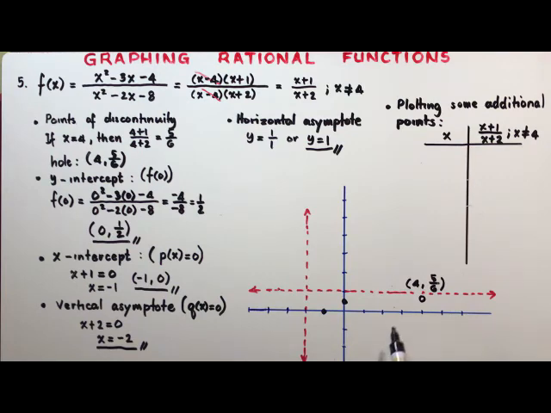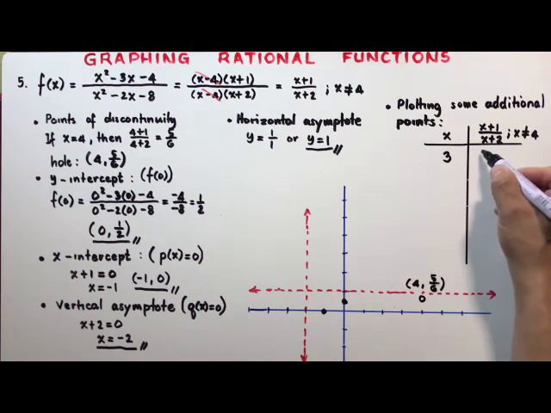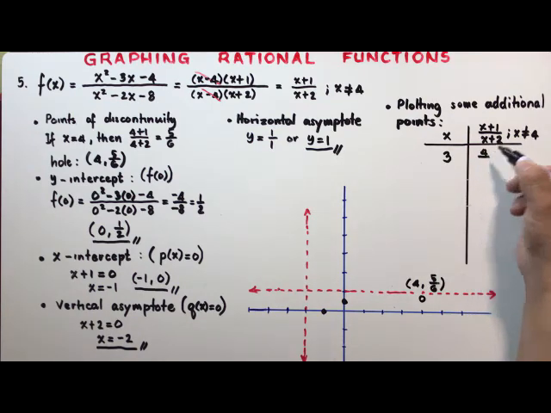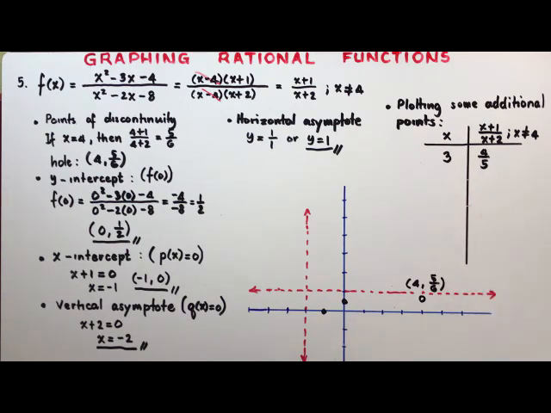So here I want to see what is the behavior of the function at x equals 3, near the point of discontinuity. So when your x is equal to 3, 3 plus 1 is 4, and 3 plus 2 equals 5, so that is 4/5. That is almost to 1, so it's here.